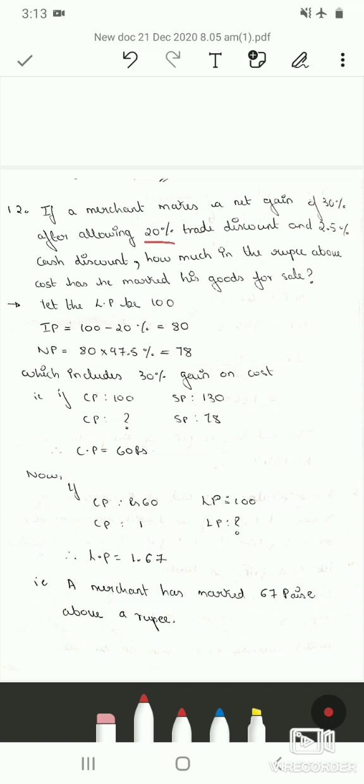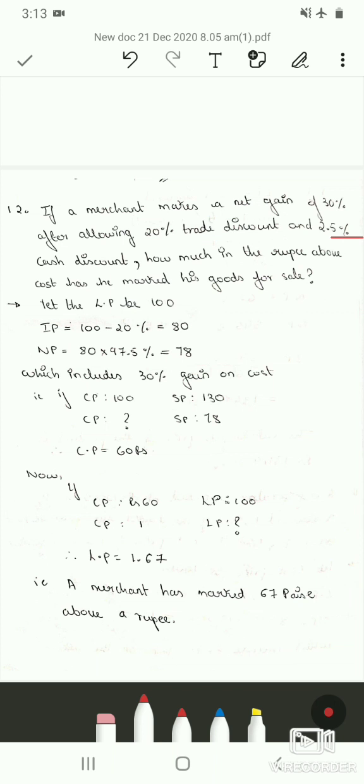So in the question they have given 20% as the trade discount. Therefore the invoice price would be the list price minus trade discount. So 20% of the list price is 20 rupees. So list price minus trade discount amount would be 80 rupees. Therefore the net price is invoice price minus cash discount.